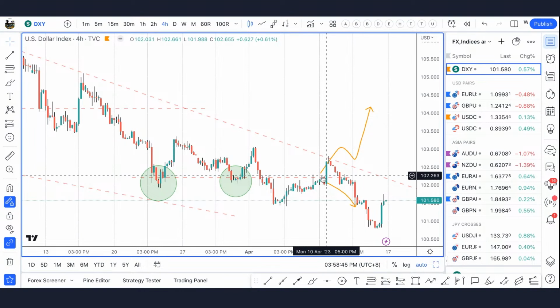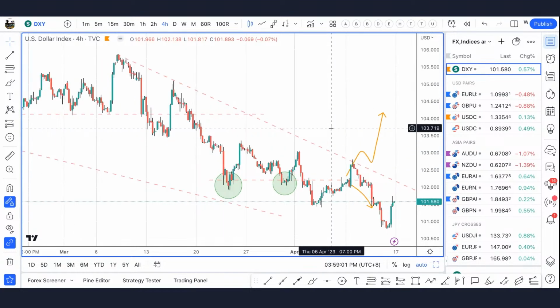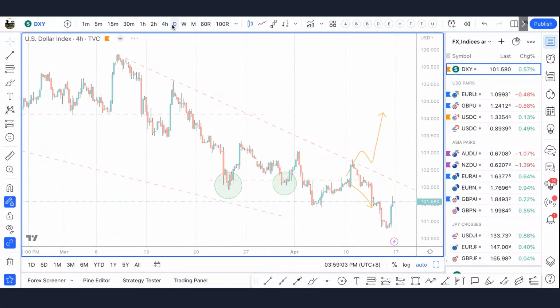If there's a breakout, I assumed there might be a continuation further up, basically a pullback before there's a retracement.